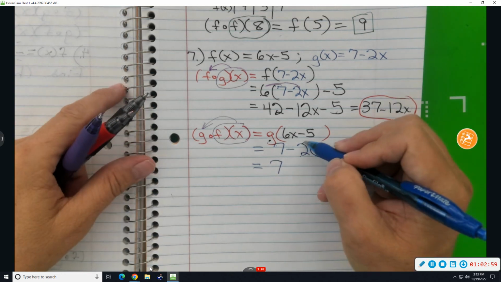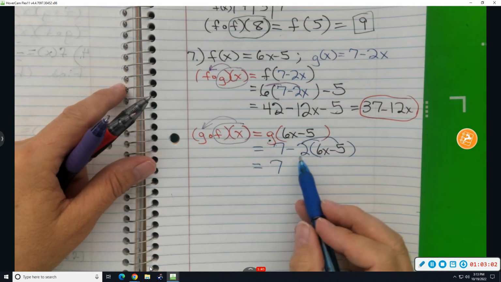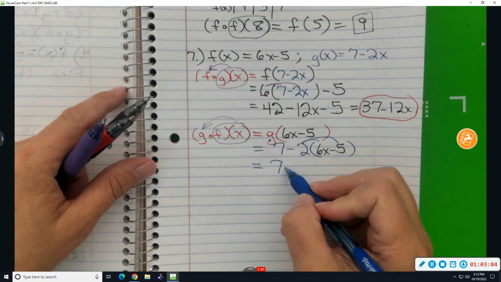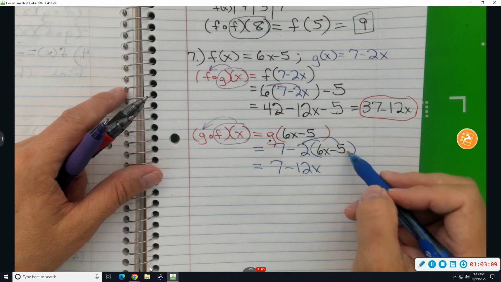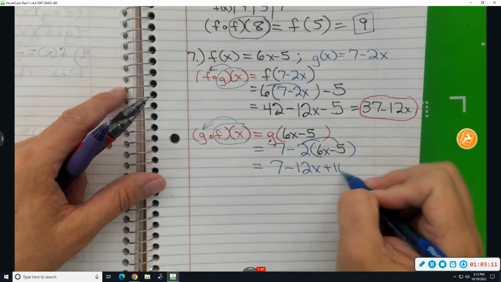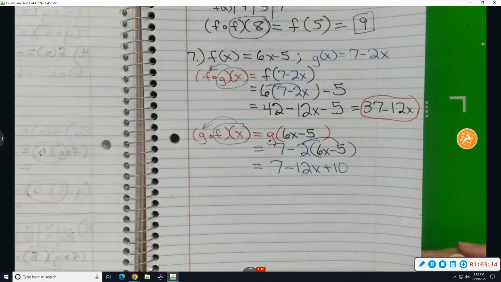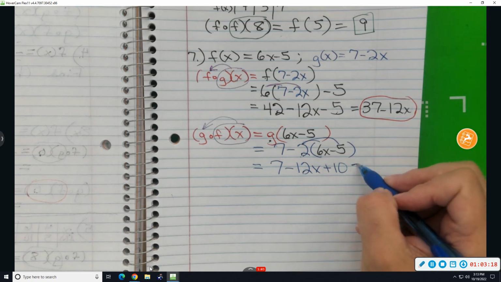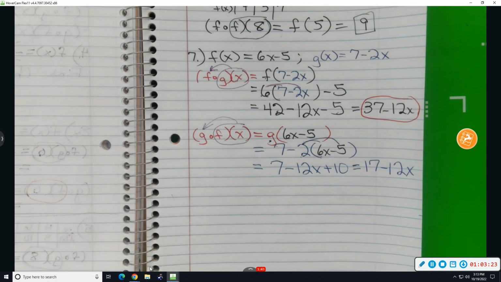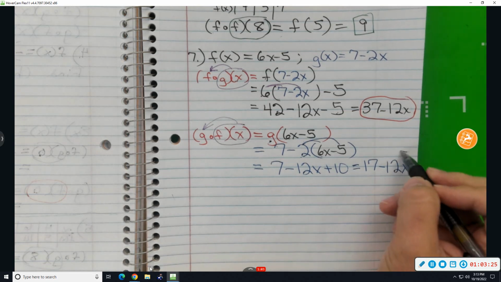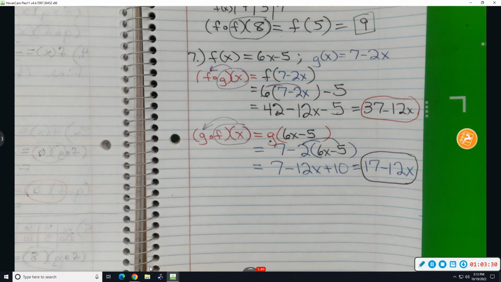You distribute the negative 2 to give you here negative 12x, and here positive 10. Negative 2 times negative 5 gives us a positive 10. So we have a 17 minus 12x for my final answer. Any questions there?